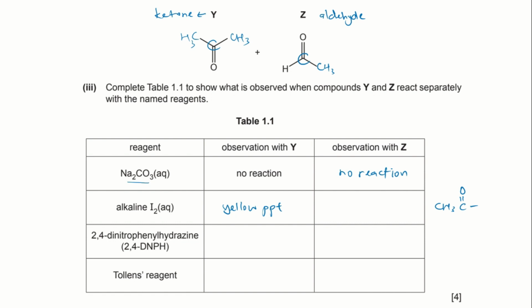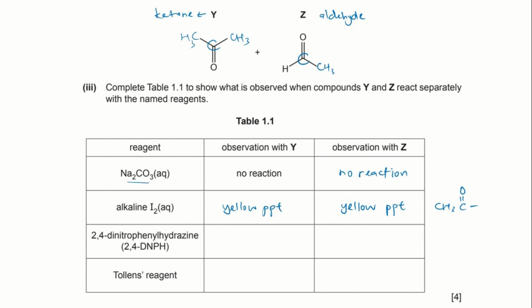That yellow precipitate is triiodomethane, CHI3. Now let's look at Z. Does Z contain CH3CO also in its structure? Okay, yes, there's a CH3CO here. So it will also give a positive result with alkaline iodine. It also forms triiodomethane, so the observation is also a yellow precipitate.